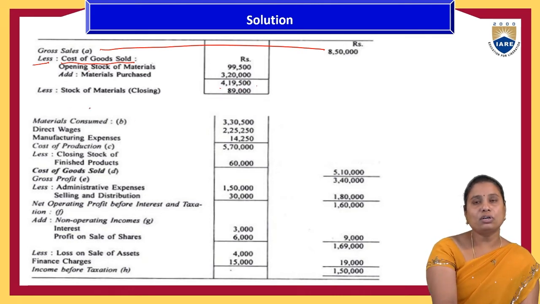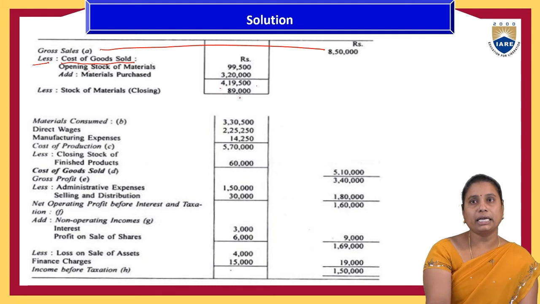With that, if we subtract the closing stock of 89,000 rupees, then we will get the materials consumed, that is 3,30,500 rupees.